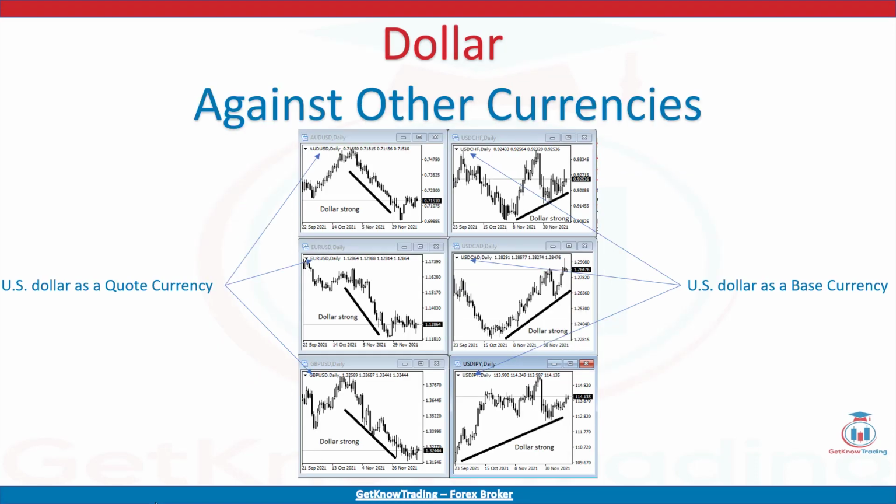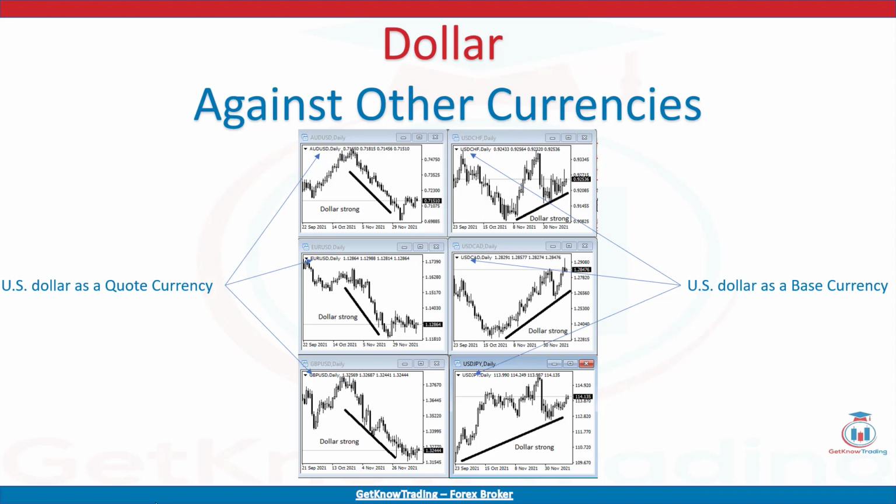Let's check the case when US dollar against any other currency is rising in value. In this case, I will show you how the market looks when the US dollar is rising in value against other currencies. What you can see here is that the US dollar is strong against other 6 currencies.